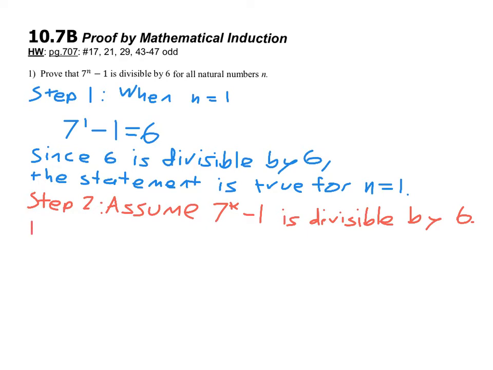So what we really mean, so let's actually talk about what it means for a number to be divisible by another number. To be divisible by 6, the number has to equal 6 times some other integer, or in this case, some other natural number.